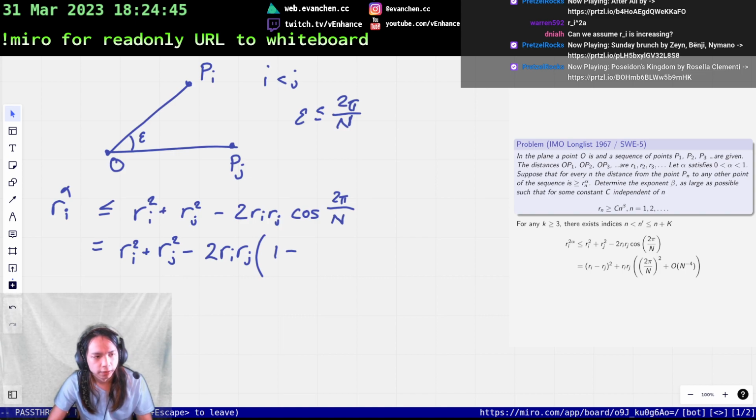Even though I said k is big, relative to k, n is actually bigger than k by a lot. So the idea is that n and n prime isn't very different from n and n plus 1.